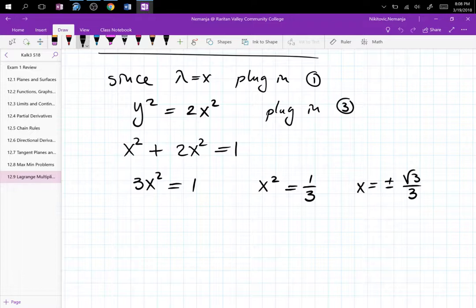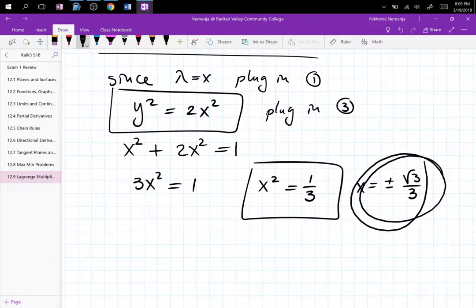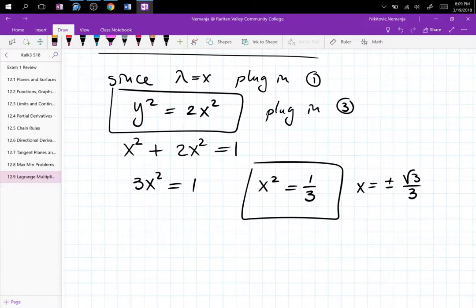Now I need my y's. This is where you also can be a little bit clever. Look at the equation. Y squared is equal to 2x squared. Well, you have what x squared is equal to, so don't use this one. You already have what x squared is equal to, so plug that in.